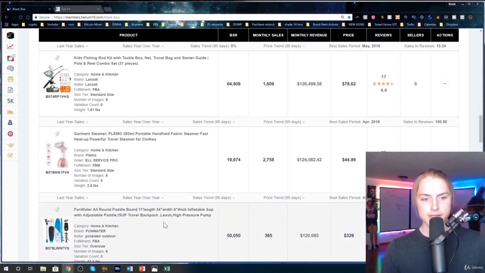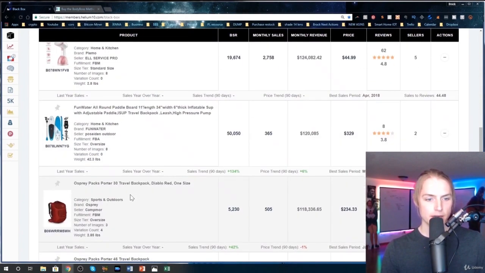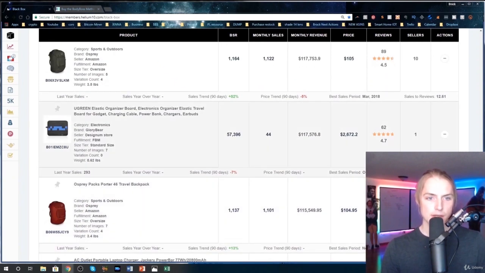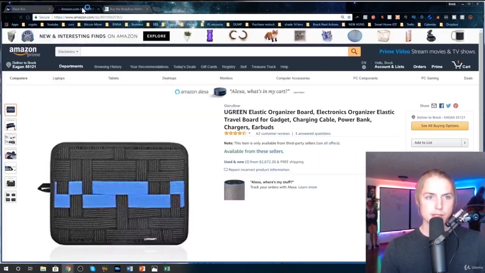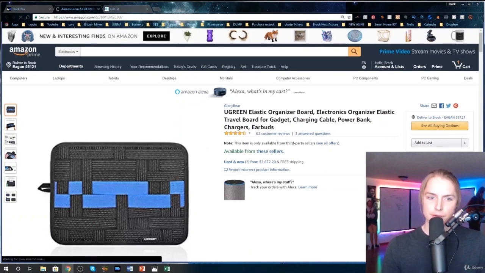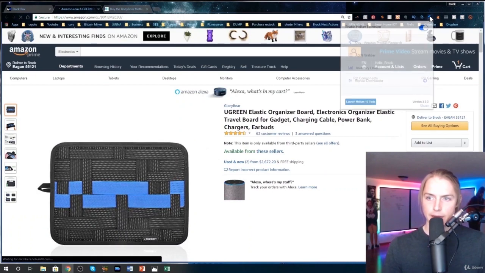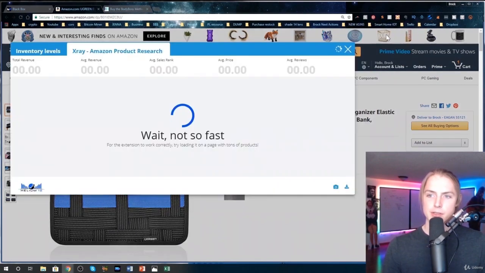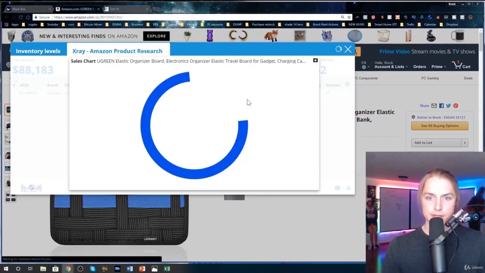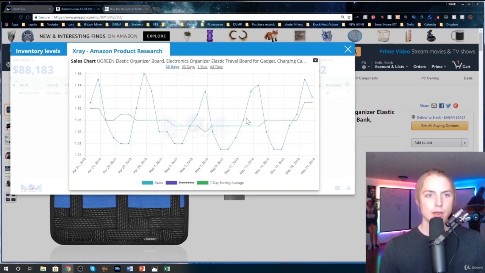What else could we learn about this niche? A paddleboard, backpacks, an organizer board. What is this? So, okay, my electronics are always unorganized and stuff. So this, I would like to look at, let's see what this historically has been getting for sales. Is this thing actually been selling or not?